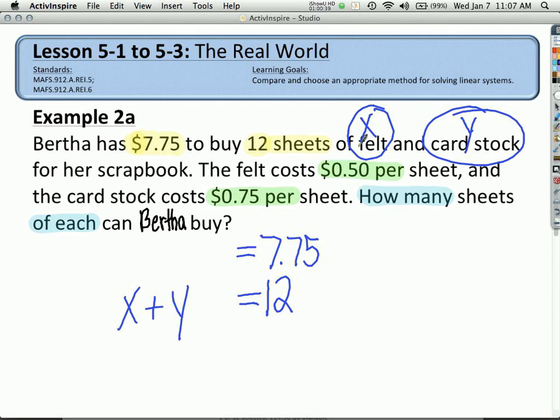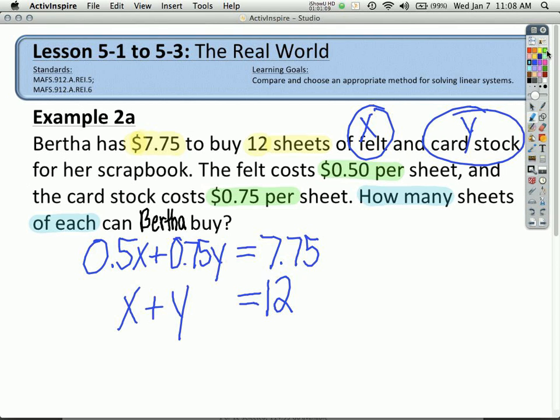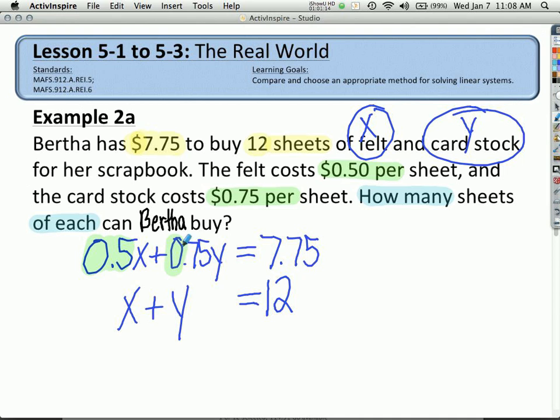We take the number of sheets of felt and you multiply it by something. That was very good. But does it cost $7.75 each? How much does it cost each? So now tell me again, what is it going to be? Plus what? 75. Yeah, 0.75y. Because when you have the money, now the money gets put in. Money times how many? Money times how many gives me total money.